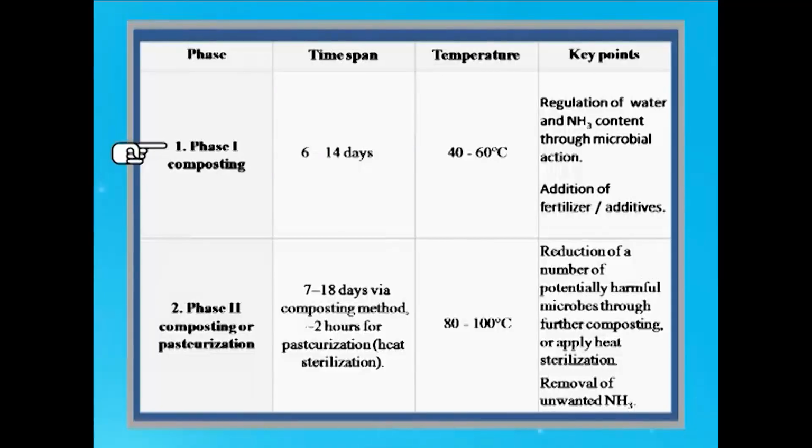Composting is commonly the preparation of the substrate. How we prepare the substrate can be done between 40 to 60 degrees centigrade. It should have a regulated amount of carbon and nitrogen, and there may be some additives given. Ultimately, this particular substrate is composted using bacteria or some other fungi, so that the substrate is readily usable by another fungus or another edible mushroom.